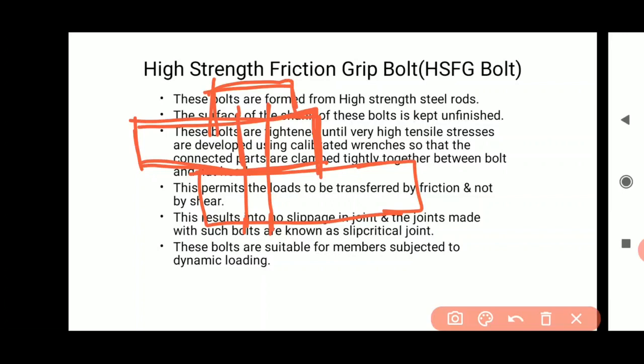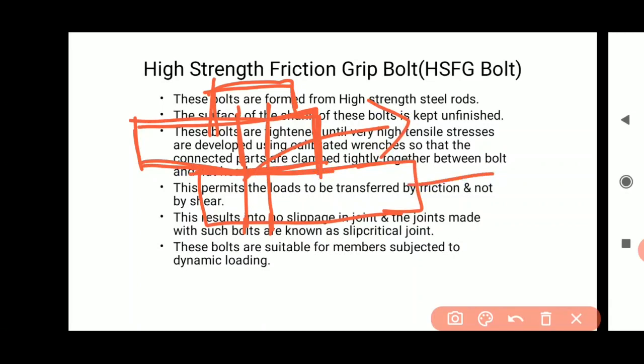As the connections are made by this special methodology and are made more tight, and the members are stressed up to high strength, there will be high frictional resistance between the surfaces of the two plates.